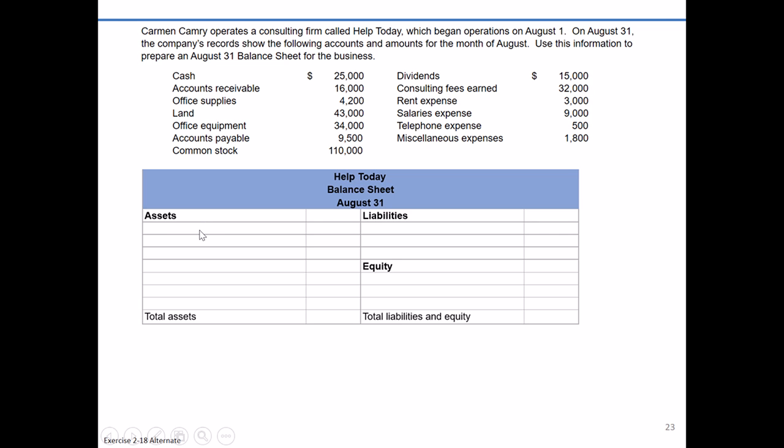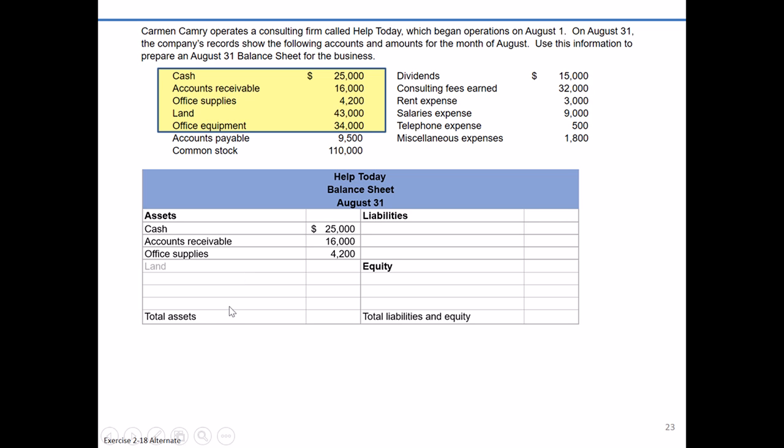We're first going to prepare a listing of our assets and total those up. So let's indicate all of our assets here. Cash for $25,000 is going to be listed first. Then accounts receivable of $16,000. Office supplies of $4,200. Land of $43,000. We need a place to operate and we need a structure to operate out of.